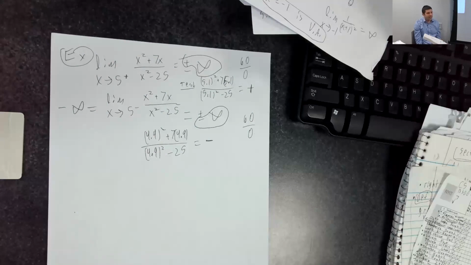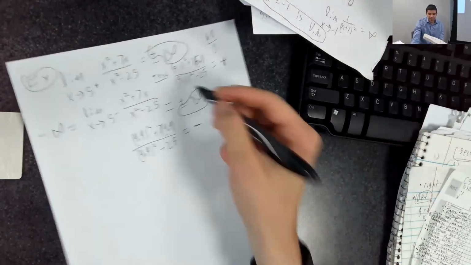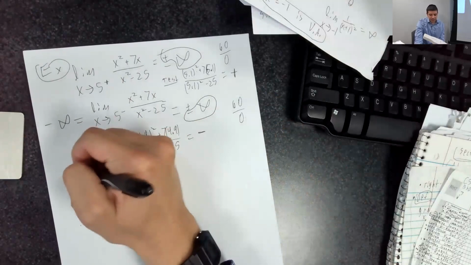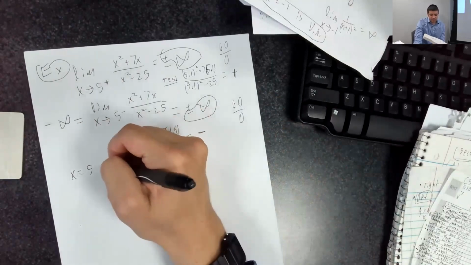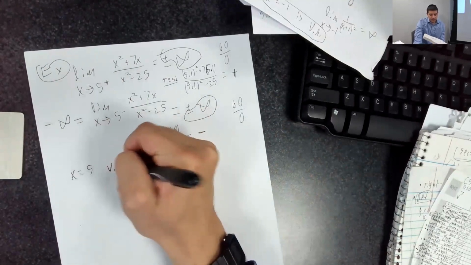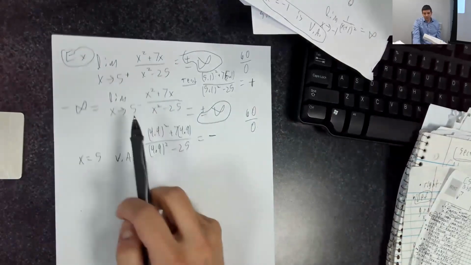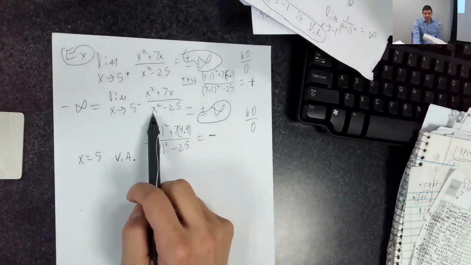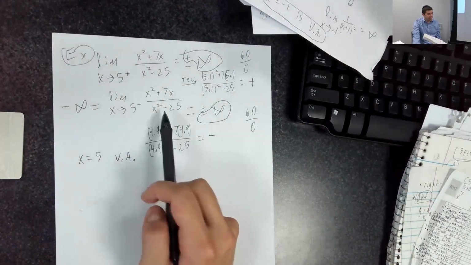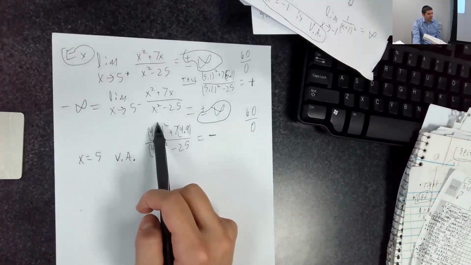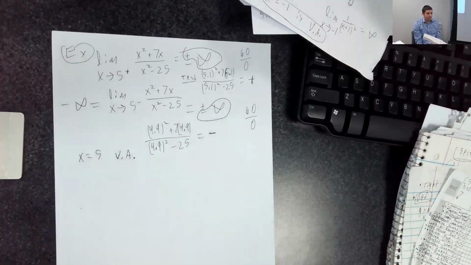What's the vertical asymptote here? It's negative and positive 5. We do know positive 5 is a VA. And the reason you're saying -5 is because if x is -5, we also get a 0 denominator. That's true.